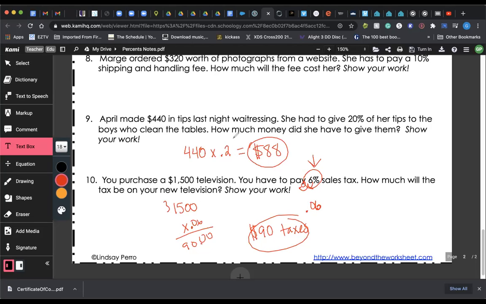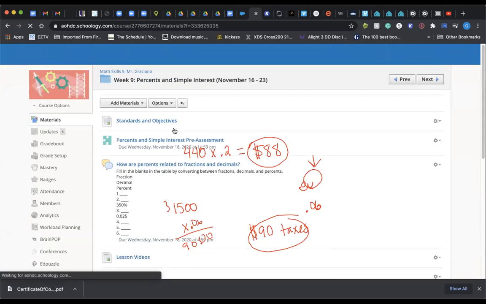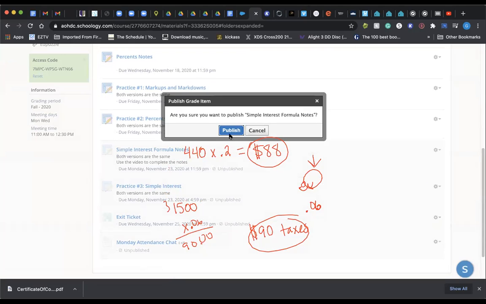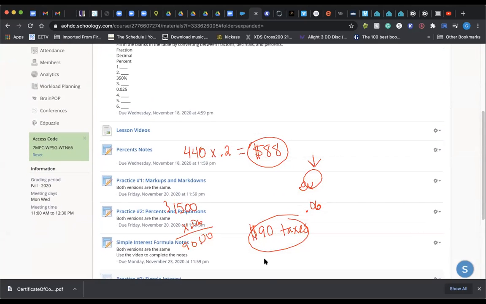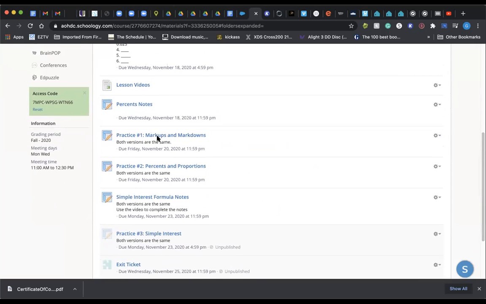All right. So that is your percents. Those are your percents notes. I'm going to release the simple interest notes so that we can go over those as well. They were not released before. I can do that now. Okay, so also in your folder for week 9, if you go past practice 1 and 2, you'll get to the simple interest formula notes.